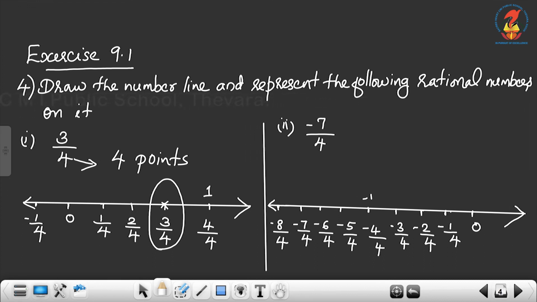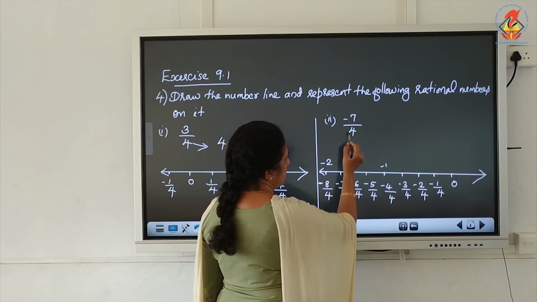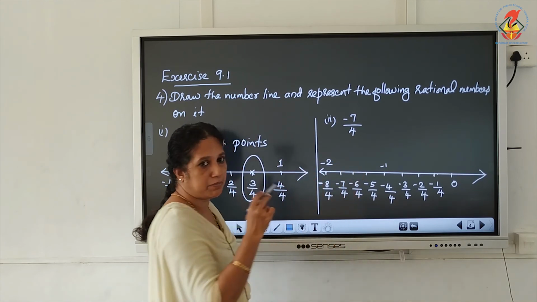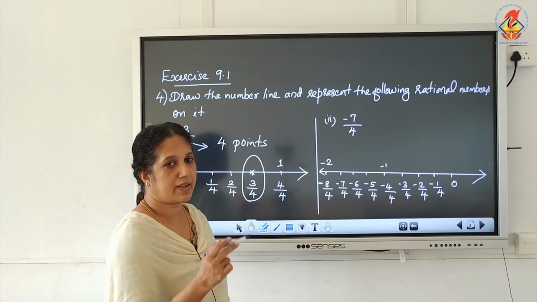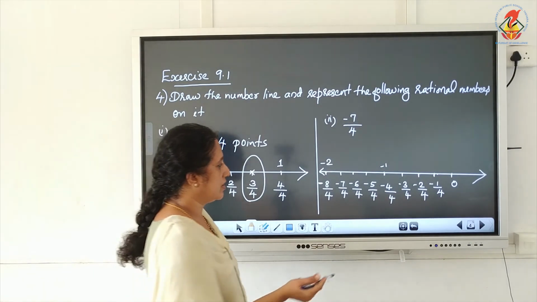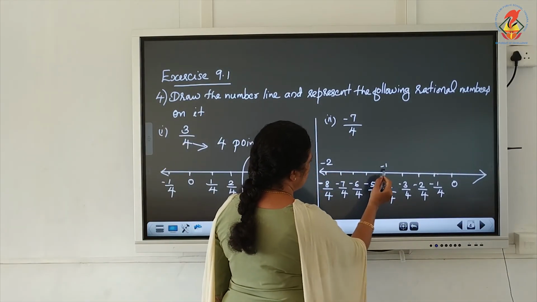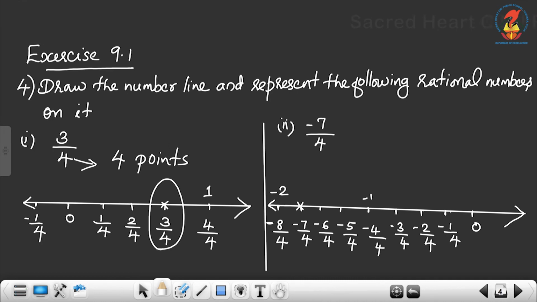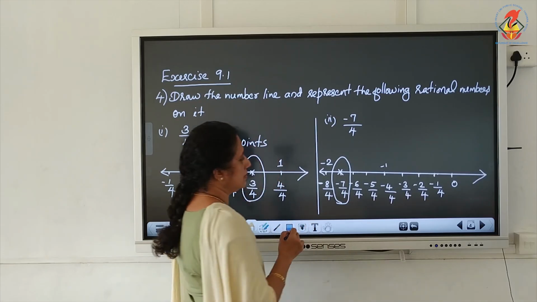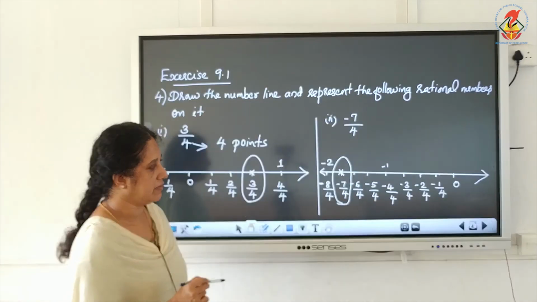What is negative 8 by 4? Negative 8 by 4 is a negative 2. Okay. So, if you consider 7 by 4, it is an improper fraction and the value is more than 1. Negative 7 by 4 lies between negative 1 and negative 2. So, this point will represent the rational number negative 7 by 4.